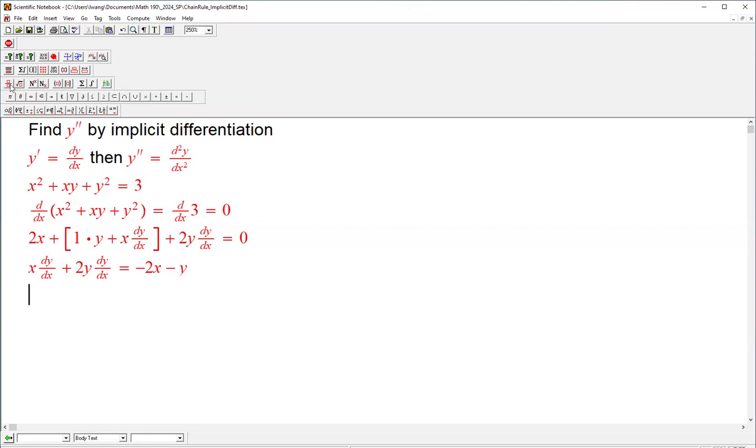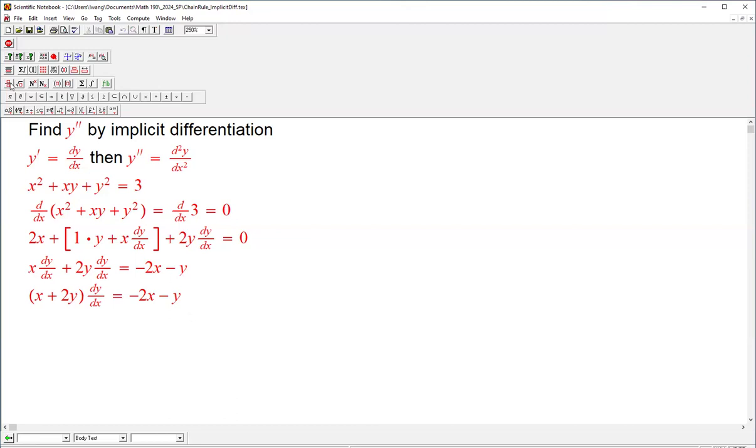And on the left-hand side, we have x plus 2y times dy dx, since dy dx is factored out. And the right-hand side is negative 2x minus y.